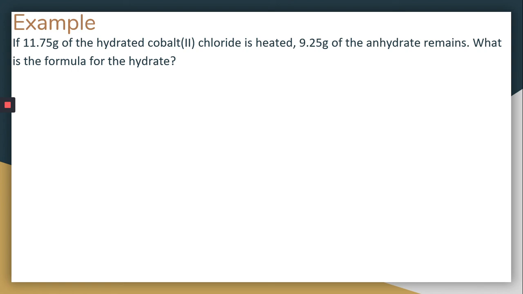All right, and then one more example using the hydrate. So we have cobalt 2 chloride, so CoCl2, crossing our charges, hydrate, so we don't know how much water there is. And then we have the anhydrate, which means this without the water. So this would just be the cobalt chloride. And we want to know what the formula is.